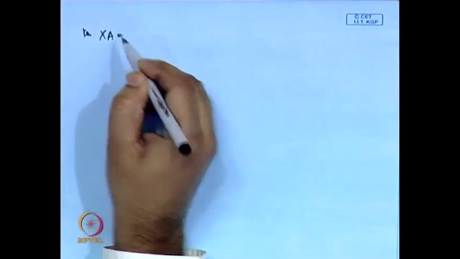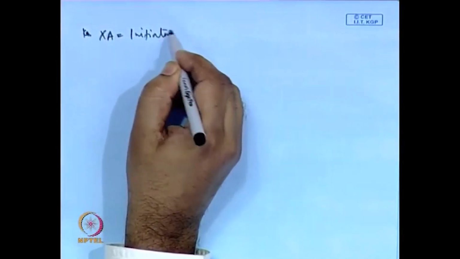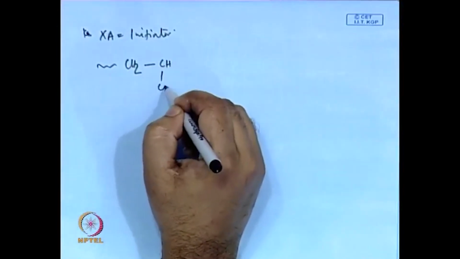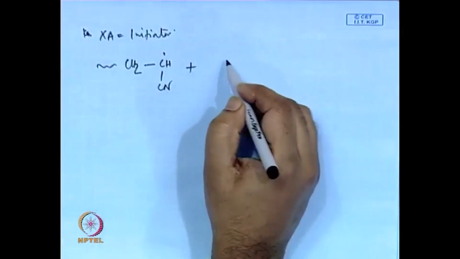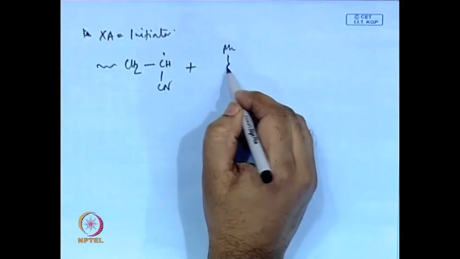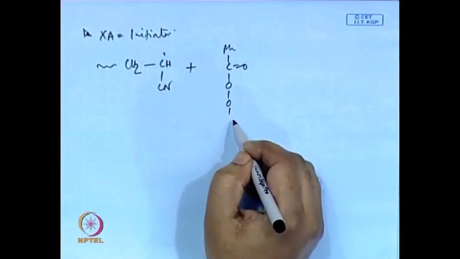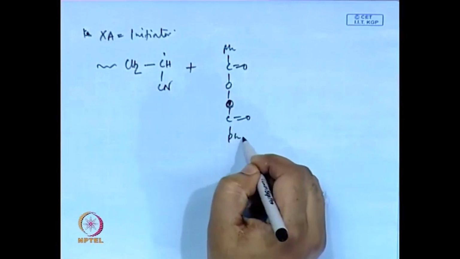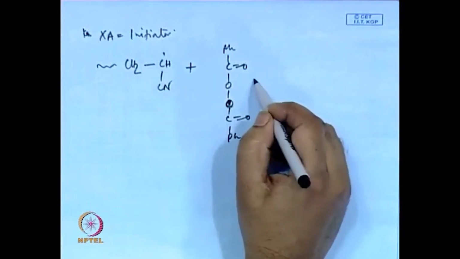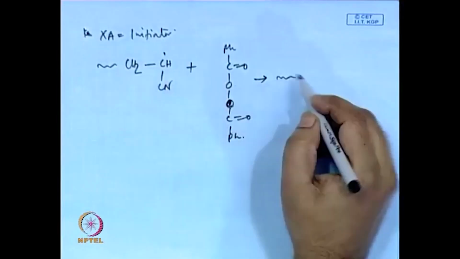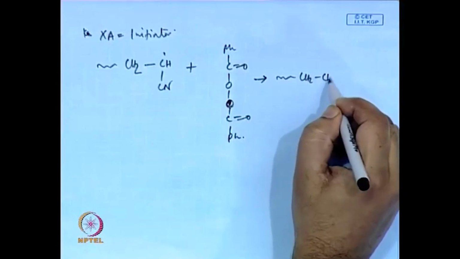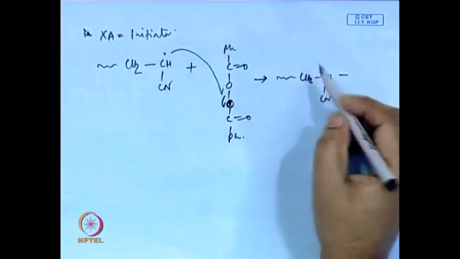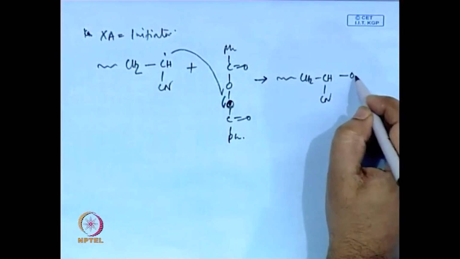When XA is initiator, say I have a reaction of acrylonitrile, in this case benzoyl peroxide is the initiator, and it can take up this and form a radical.